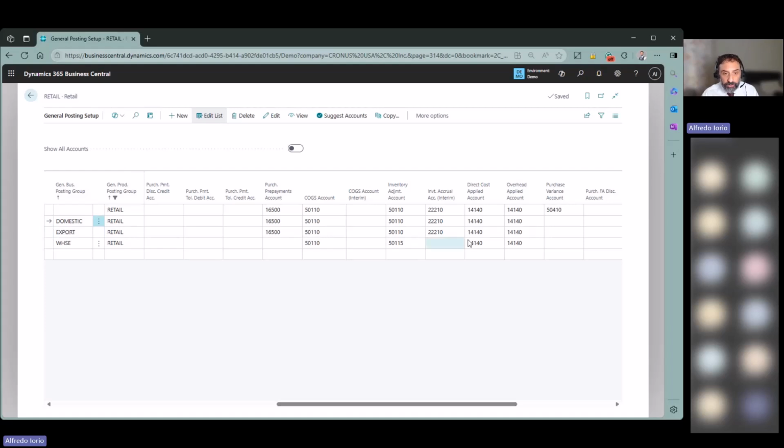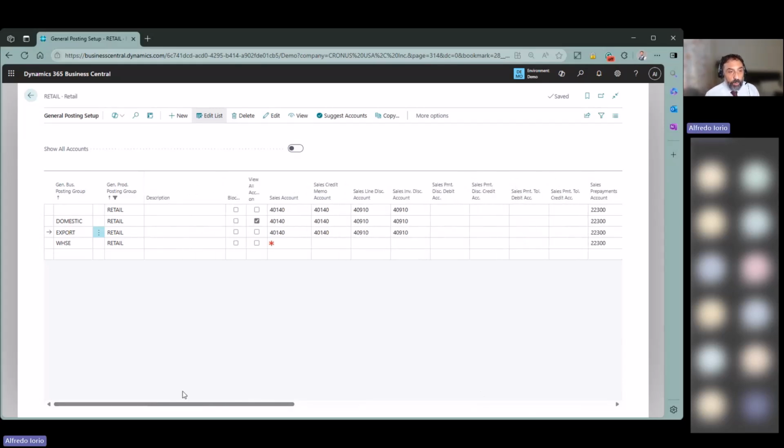Same applies to purchases. We purchase retail products from domestic vendors or export vendors, regardless of the business posting groups of vendors and customers, the same ledgers will be hit. So what does it mean? It means that there is no practical reason to have two posting groups.